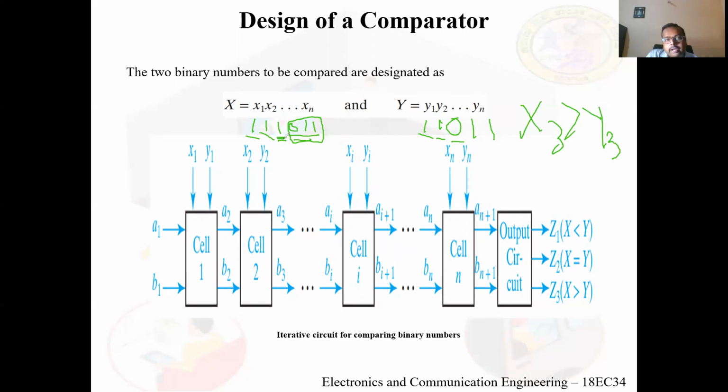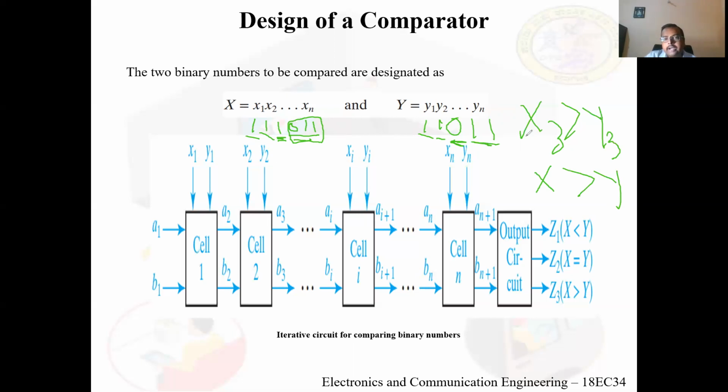This is the most significant bit compared to these bits. Similarly, this bit is the significant bit as compared to these bits, so since X3 is greater than Y3, irrespective of the comparison of the lower bits, this X will always be greater than Y here, right? Have you understood this one?